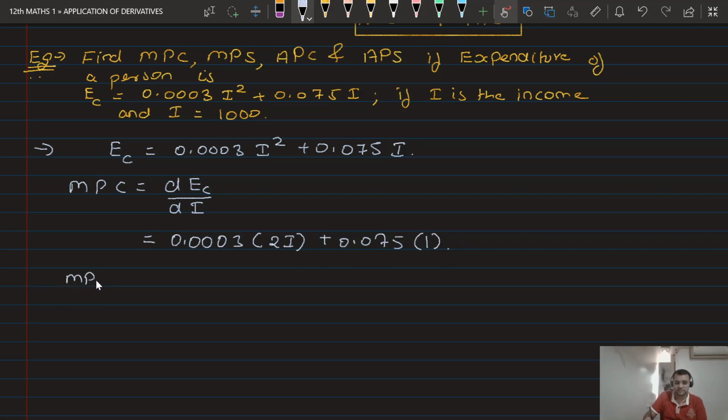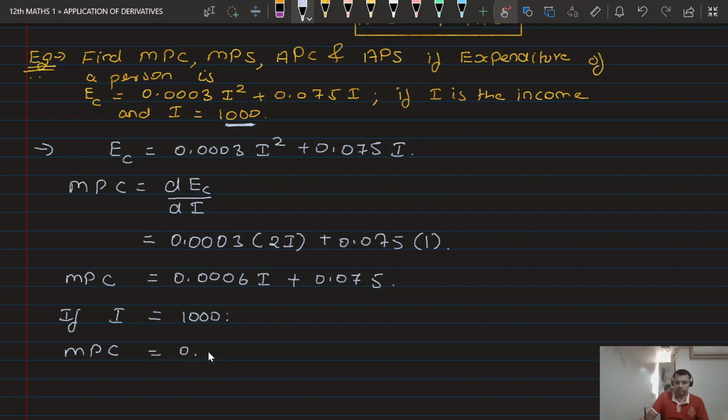So I get the MPC function as 0.0006 I plus 0.075. He has told us that I is equal to 1000 rupees. So I can say that if I is equal to 1000, MPC is equal to 0.0006 into 1000 plus 0.075.